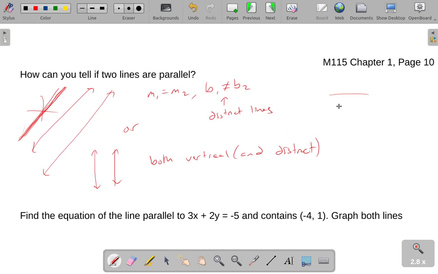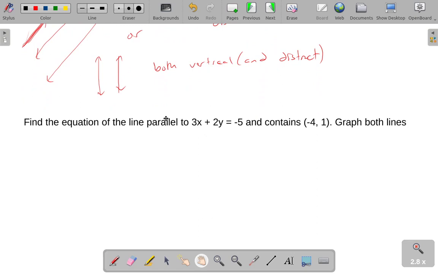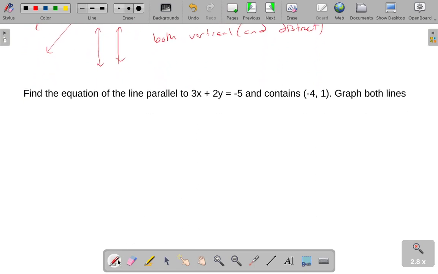I don't have to do a special case for horizontal lines because just saying they have the same slope, slope of 0, and a different y-intercept actually still works perfectly fine for horizontal lines. So that's why we don't have to have a special case for horizontal lines, but we pretty much always have to have special cases for vertical lines.